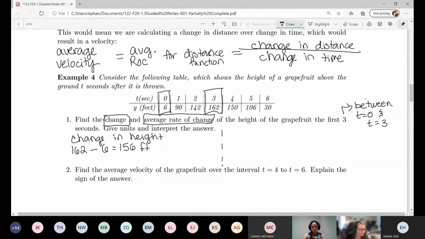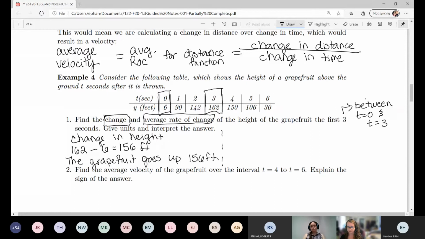And what that's going to tell us is that the grapefruit goes up 156 feet in that time frame. It started at 6, it ended at 162, so it moved 156 feet.